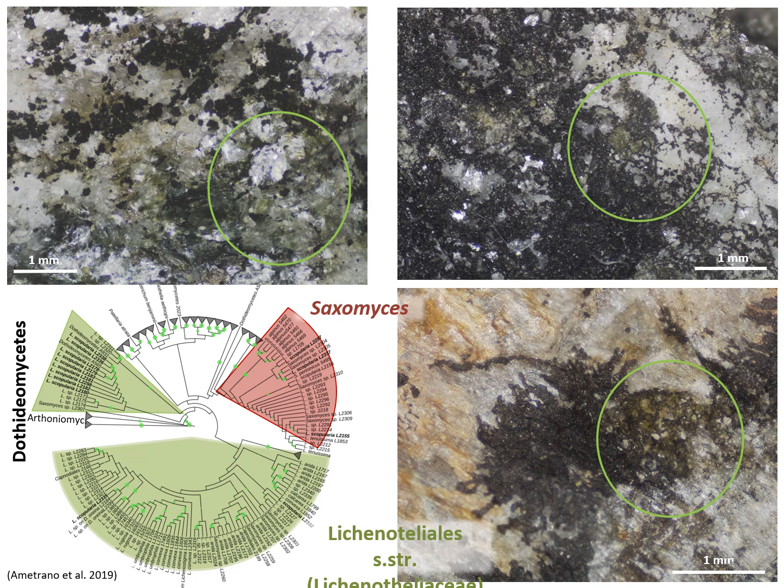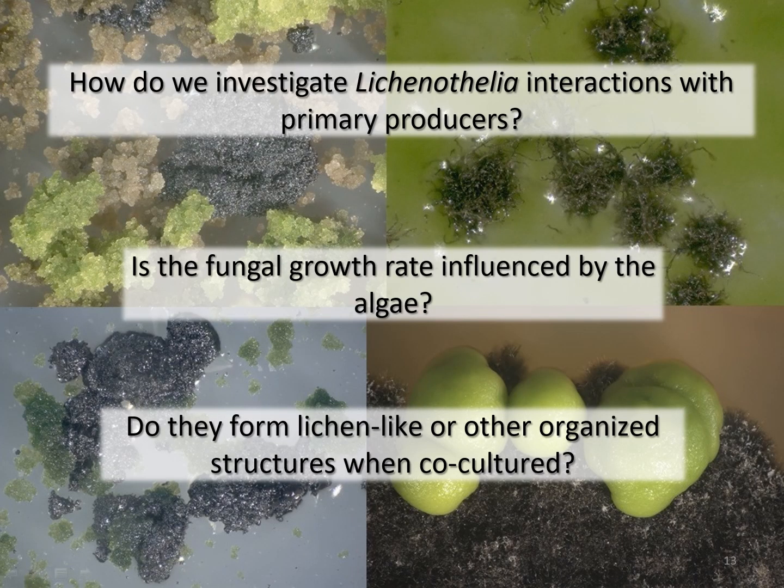These fungi usually belong to the genera Lichenothelia and Saxomyces, and they have been characterized as such, in the order Lichenotheliales. They both have the characteristic of growing with the algae in nature, and they can be axenically isolated in cultures. We were interested to see whether their growth in culture is potentially influenced by the interaction with the algae.